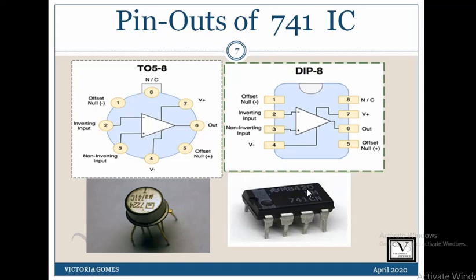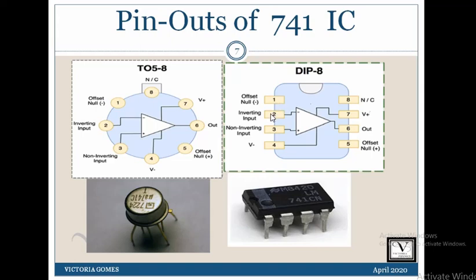The plus supply voltage and the minus supply voltage are connected to pin number 7 and pin number 4 respectively. For IC 741, usually plus minus 12 volts or plus minus 15 volts are used. No connection is required at pin number 8.